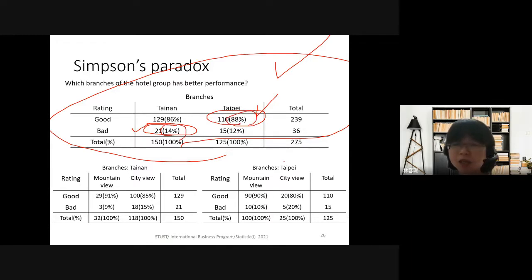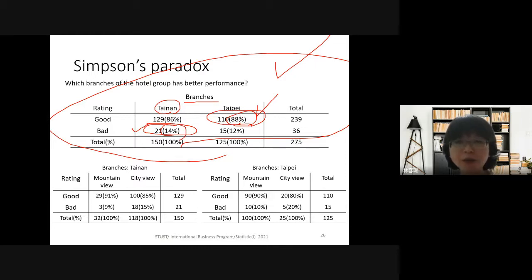Why not compare just the 110 and 129? That is because they are on different bases. So we compare them on the same base, and the best same base for us to use is the percentage. From such data, you will find the Tainan branch seems not to perform so well compared with Taipei's branch.